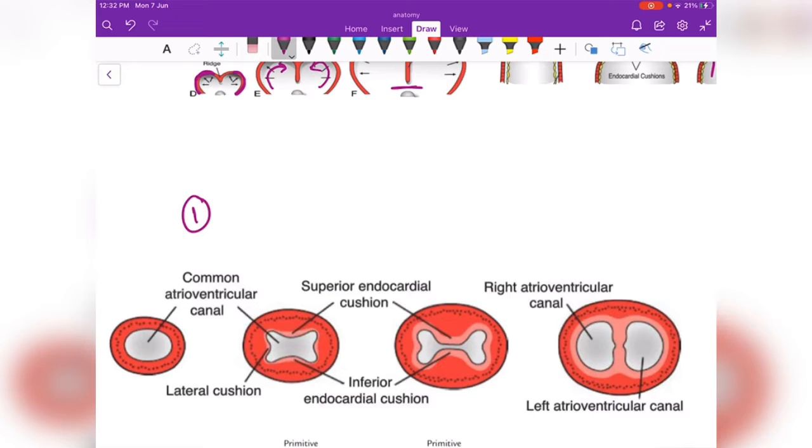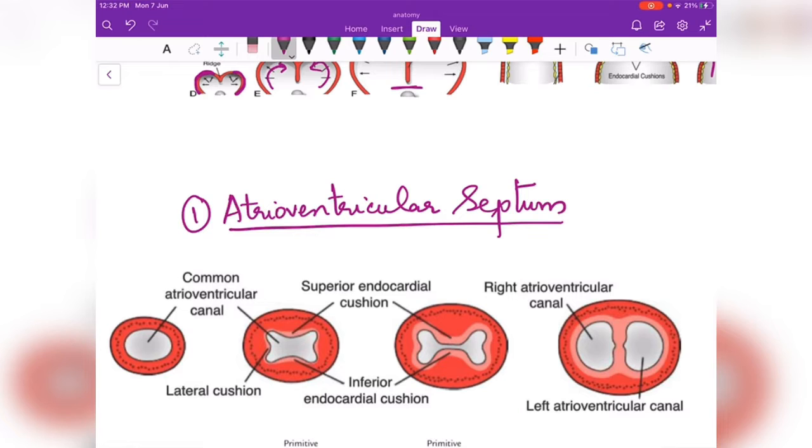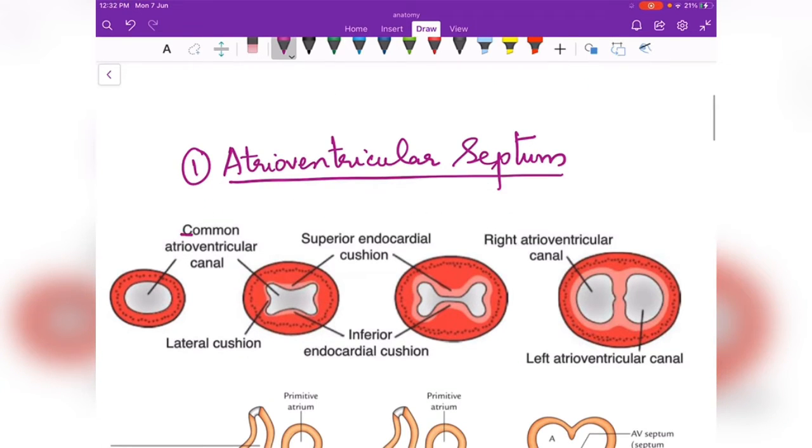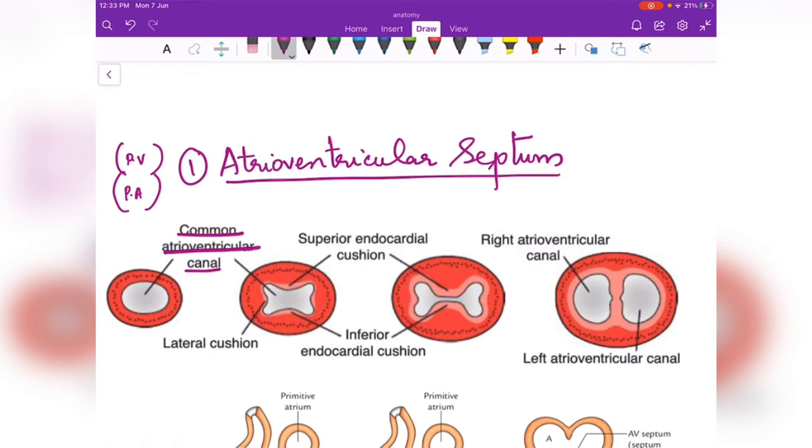The atrioventricular septum. This is the common atrioventricular canal. We know that the primitive atria and the primitive ventricle are continuous with each other, so we have a common atrioventricular canal.